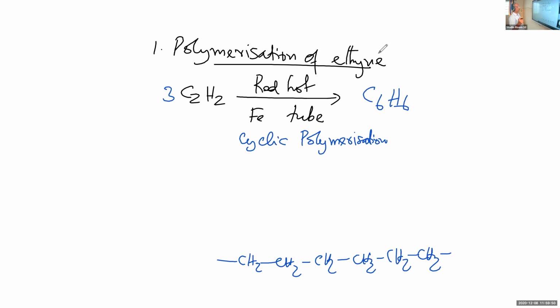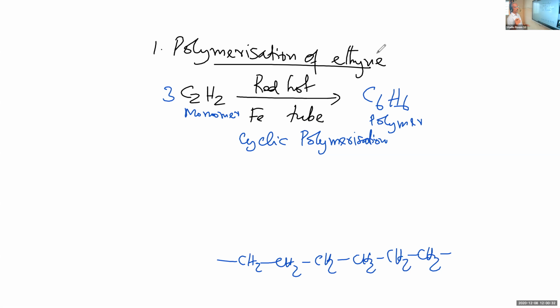How many molecules are used here for the polymerization? Three molecules. The monomer is C2H2, ethyne or acetylene, and this is the polymer, a cyclic polymer, benzene. In the polymer, how many monomer units are combined?